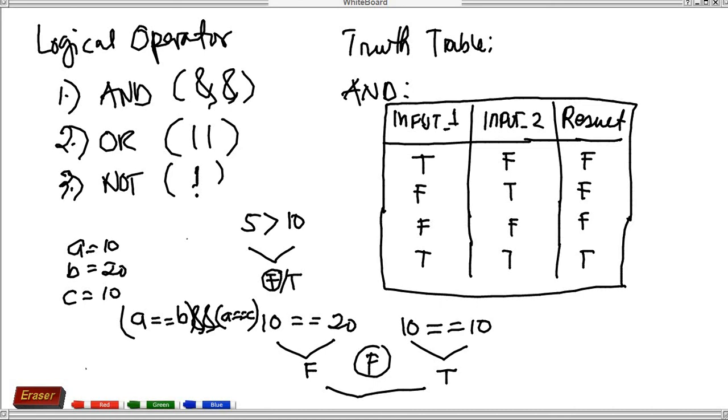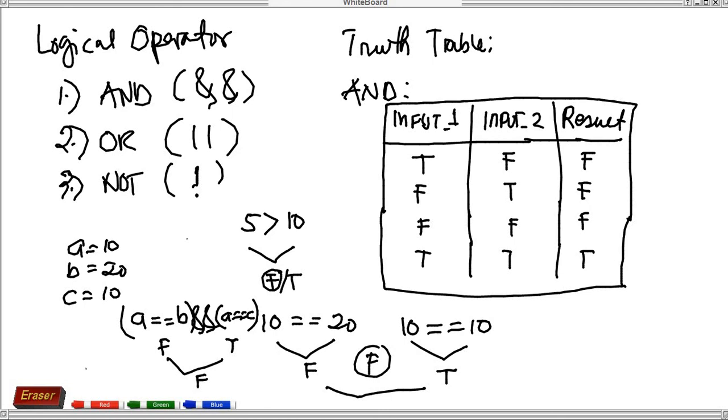So 10 is equal to 20, this is false. And then A is equal to C, which is 10 is equal to 10, this is true. So true and false, the result is false, using the AND gate, or the AND symbol.